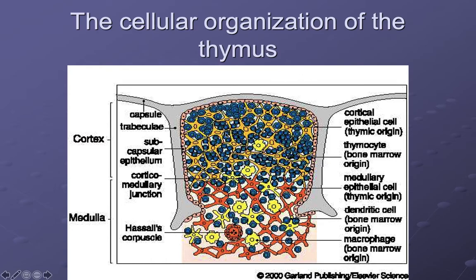Now, around the cortex, just beneath the capsule, the subcapsular layer, we expect mitotically active lymphoblasts to be present. This figure does not pinpoint such mitotically active lymphoblasts.